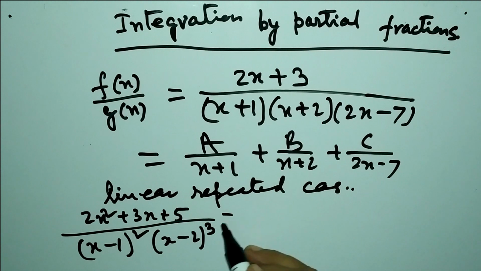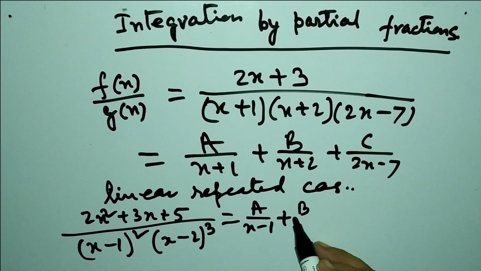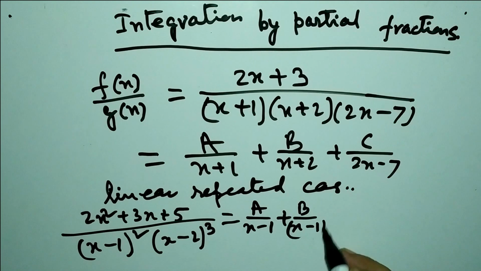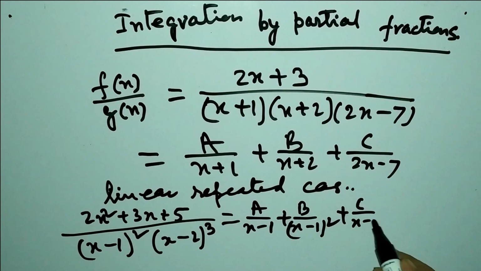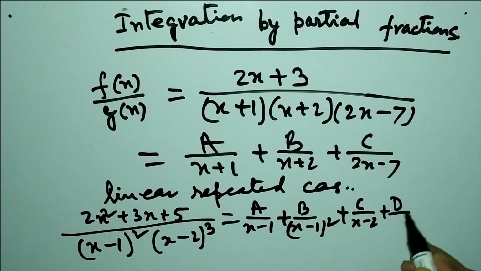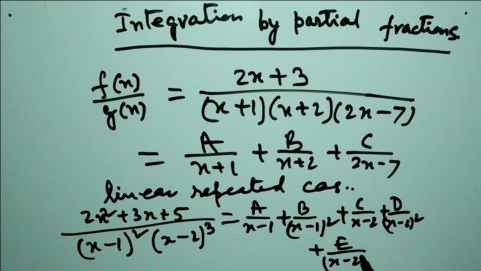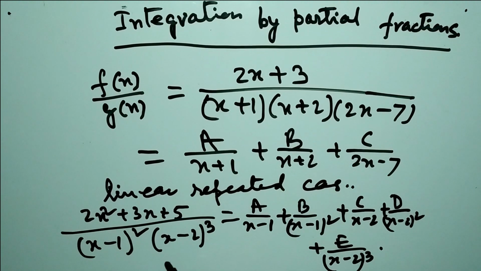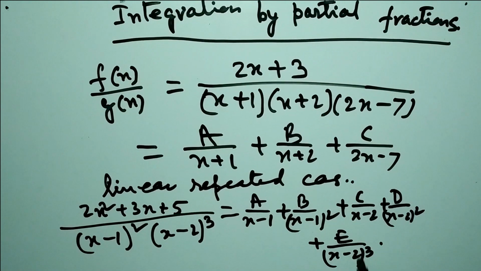This is equal to A/(x-1) + B/(x-1)², since it is repeated 2 times, and here x-2 is repeated 3 times, so we can write C/(x-2) + D/(x-2)² + E/(x-2)³. And after solving this, we can integrate the right hand side easily.